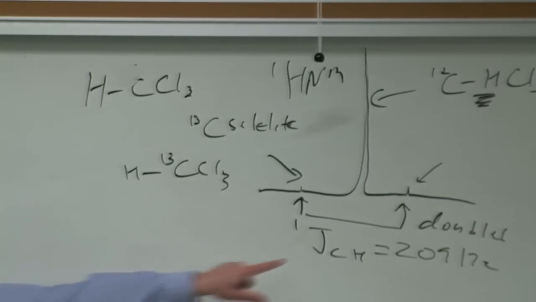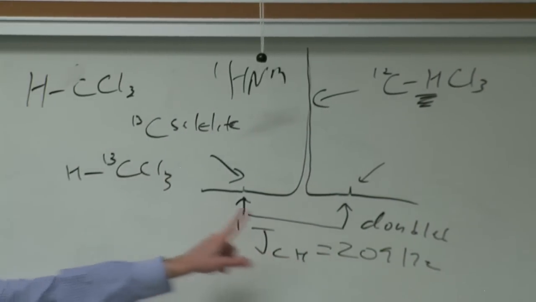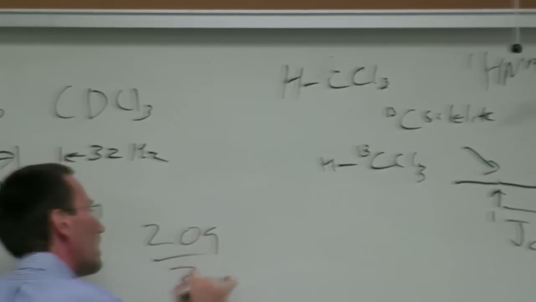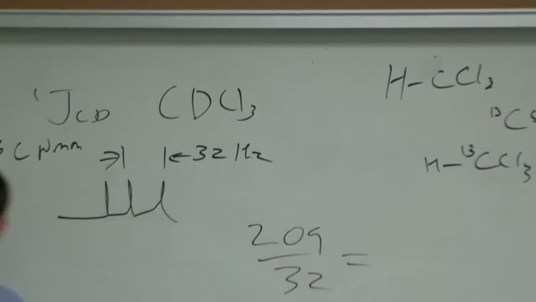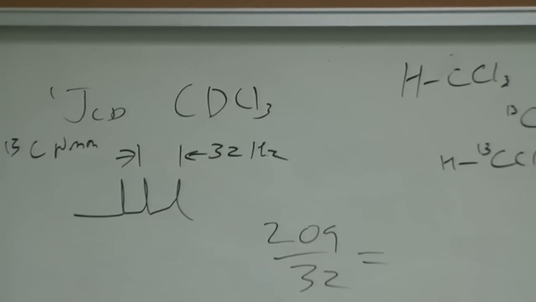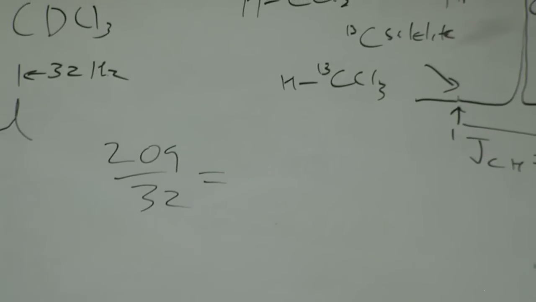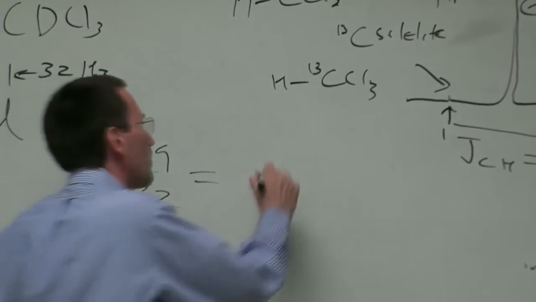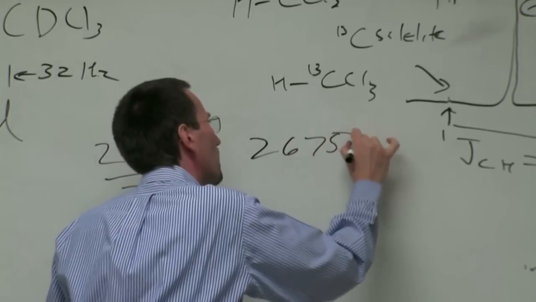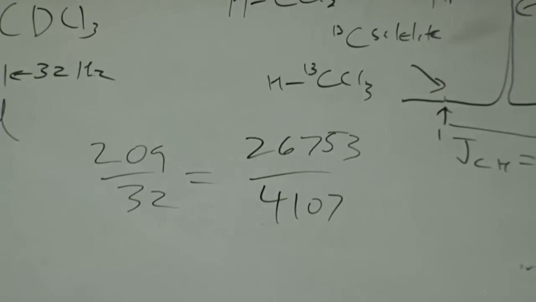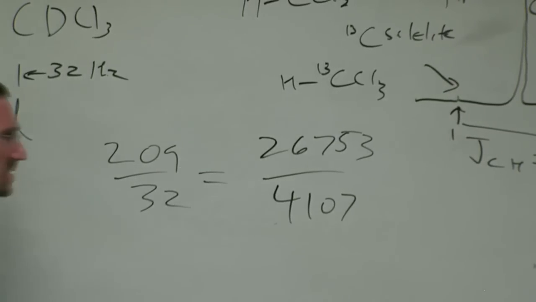And the mathematical relationship between 209 and 32 is the same as the ratio between 26,753 and 4107. In other words, it's 6.5.